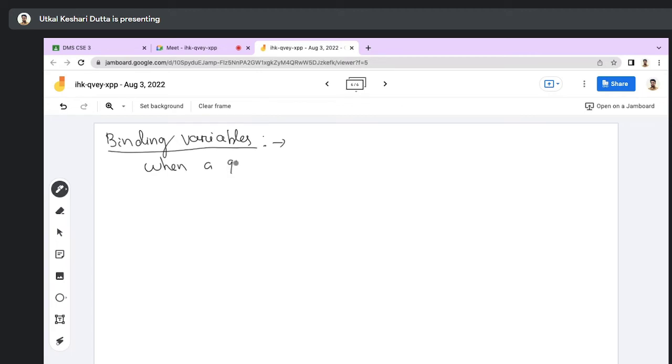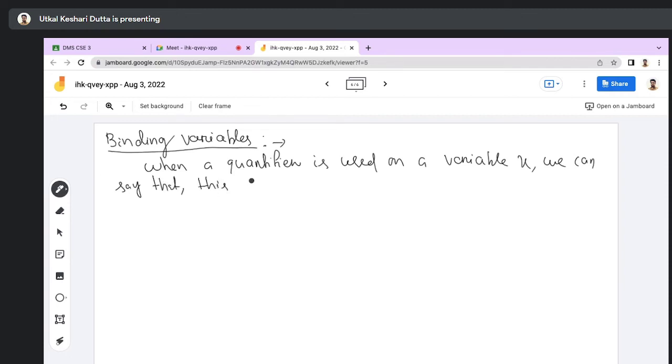When a quantifier is used on a variable x, let the variable be x, then we can say that this occurrence or presence of the variable is bound.